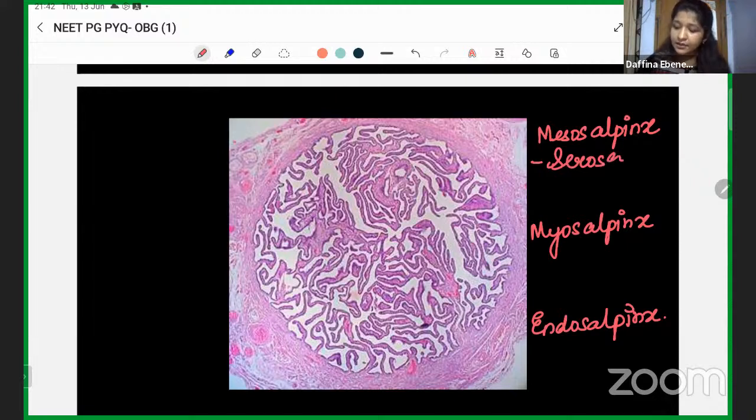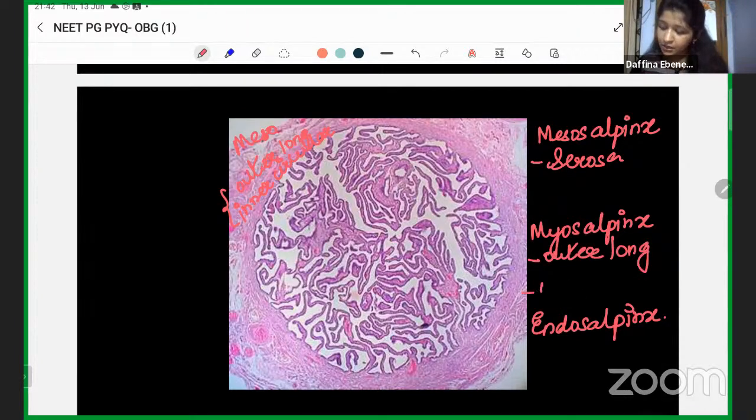It is the external layer. Next is the muscular layer, the myosalpinx. Myosalpinx has an outer longitudinal layer and an inner circular layer.